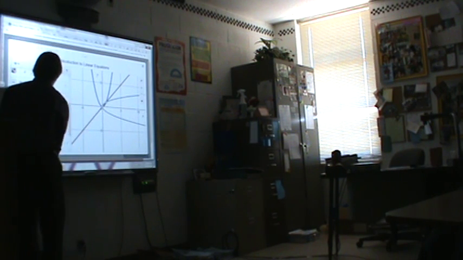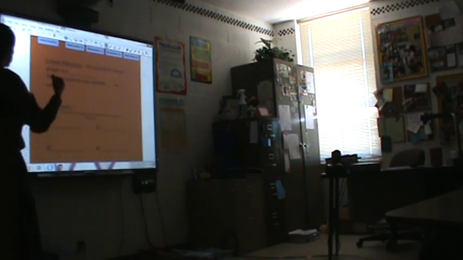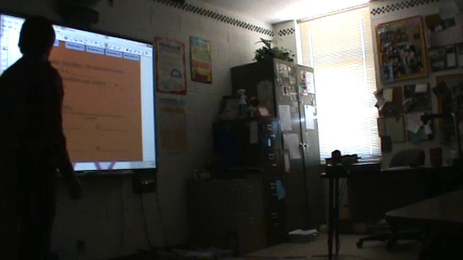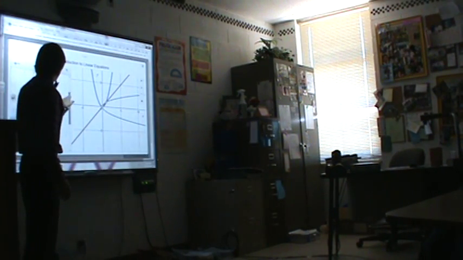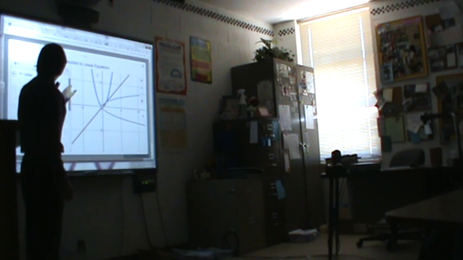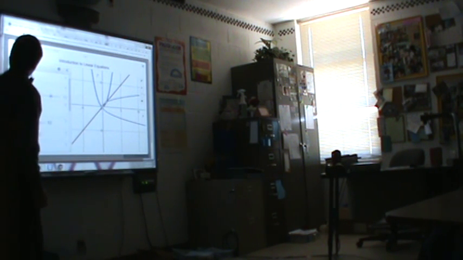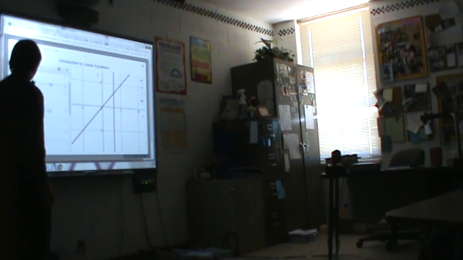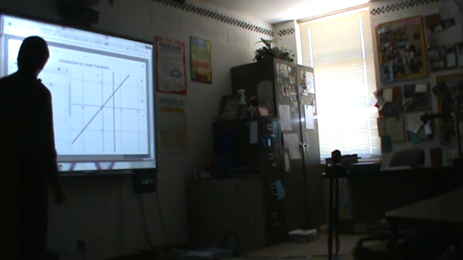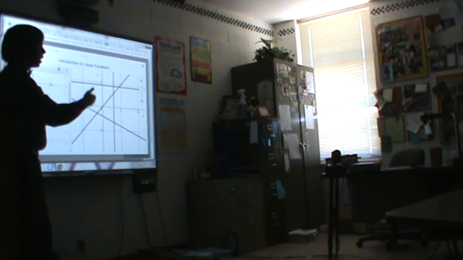So specifically, a linear equation is an equation whose graph is a straight line. You may take note that with these other equations, the ones that I also said were linear, perhaps we should hide these blue ones real quick. These other linear equations, they're still straight lines.